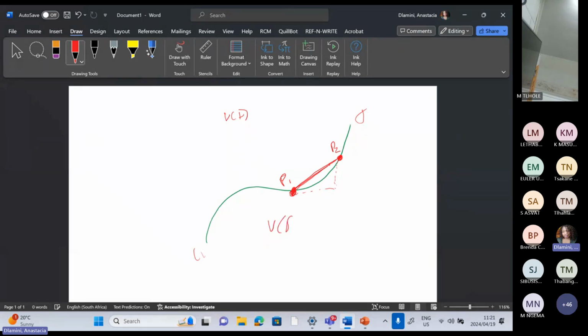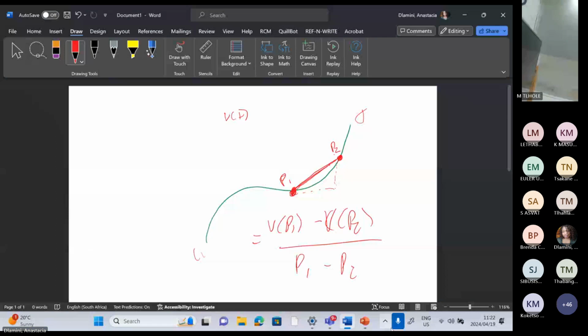So we have v of p1 minus v of p2, divided by p1 minus p2. Then we found the average rate of change of whatever we are looking for. That's why the average rate of change is exactly the same as the slope when it comes to a straight line. Are we together? Yes.